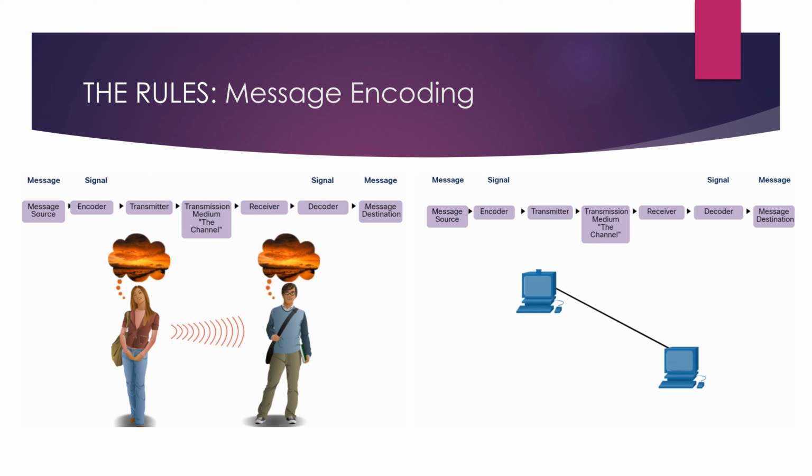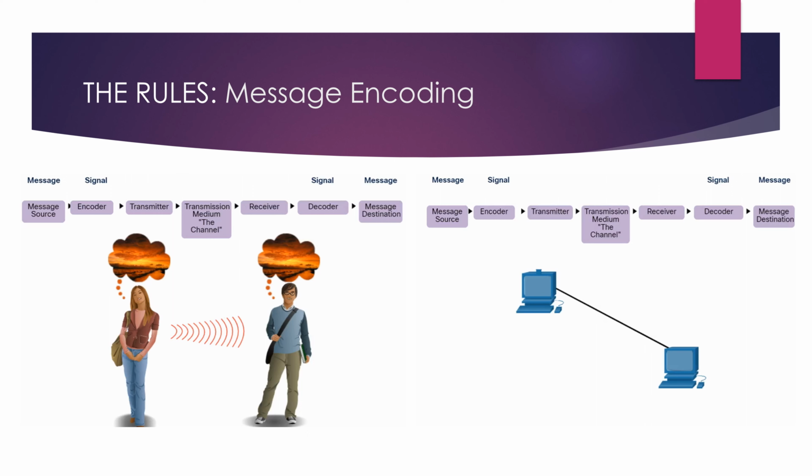One of the first steps to sending a message is encoding. Encoding is the process of converting information into another acceptable form for transmission, and decoding reverses this process to interpret the information. We will still use the analogy between human communication and computer communication over the network.